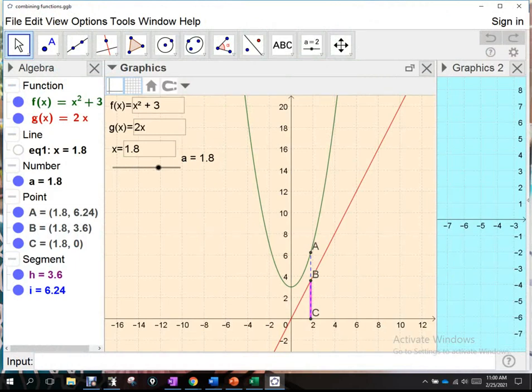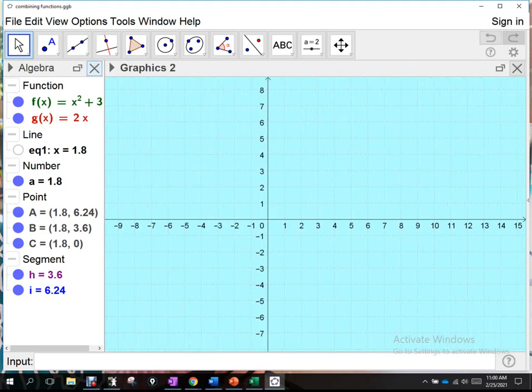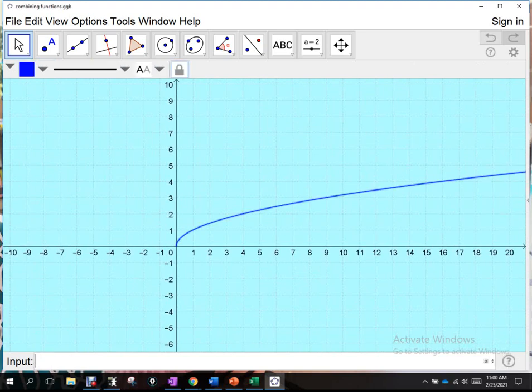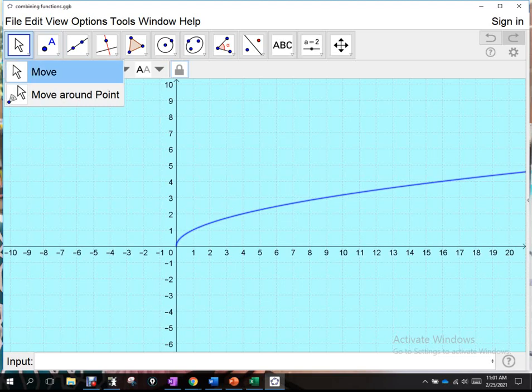All right, so let's just hide that one real quick. If I type in the square root of x, which we've been working on, that's a function because no matter what x value I tell you to look at, so let's say we want to look at x equals 4, okay?